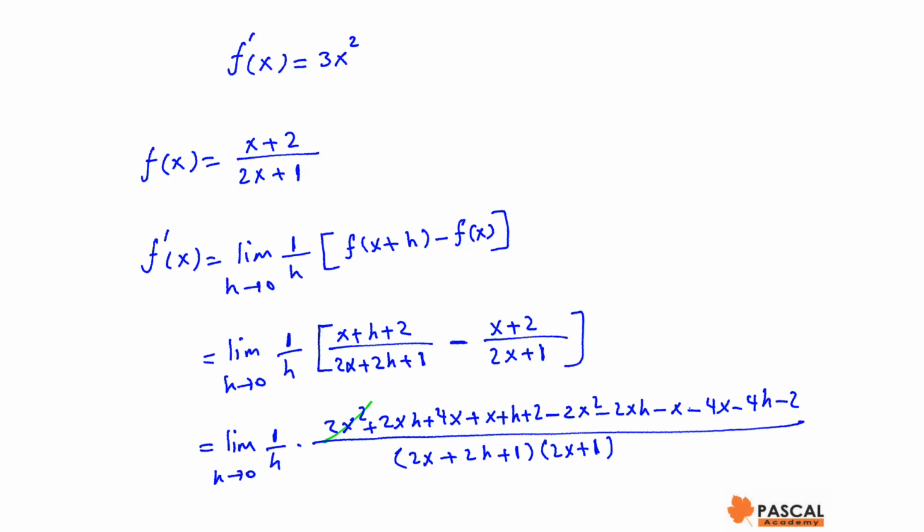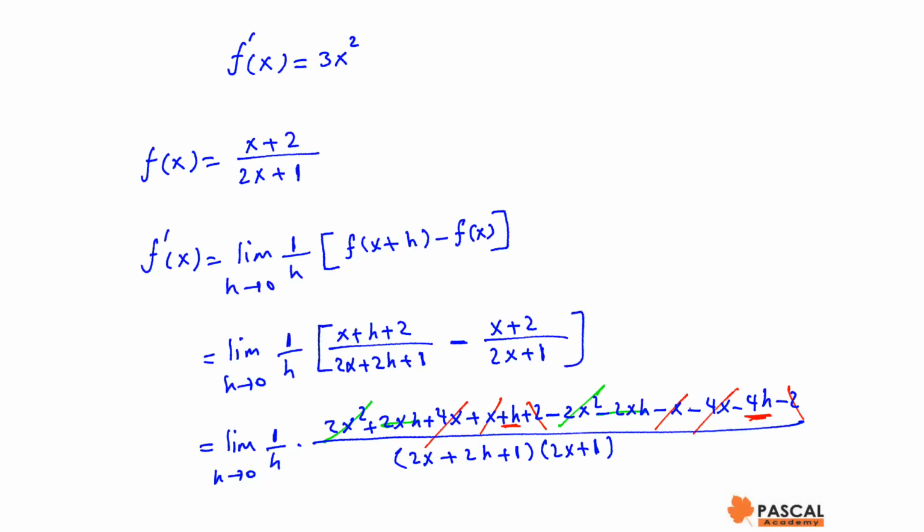2x^2 and 2x^2 cancel. 2xh and 2xh cancel. x and x, 4x and negative 4x, 2 and 2. Therefore, the limit would be -4h plus h, which is -3h.